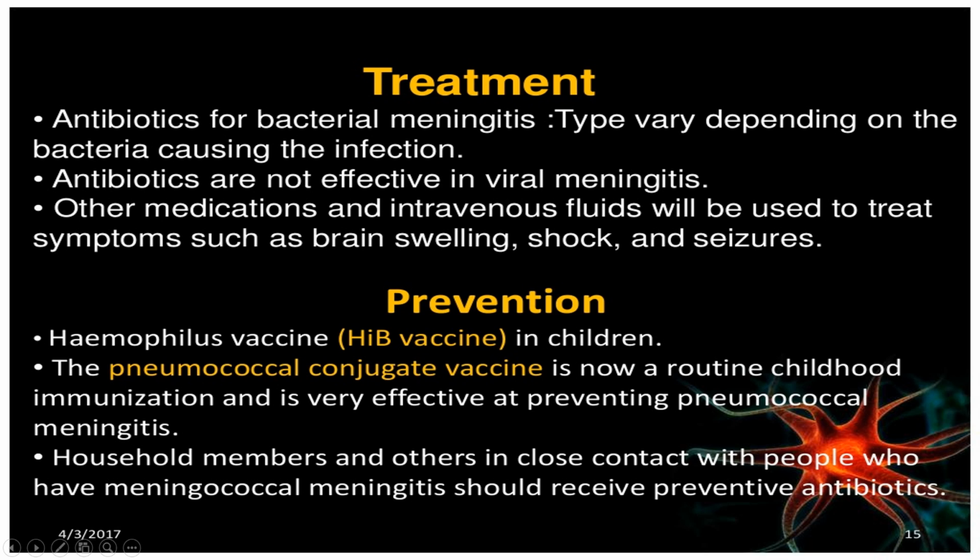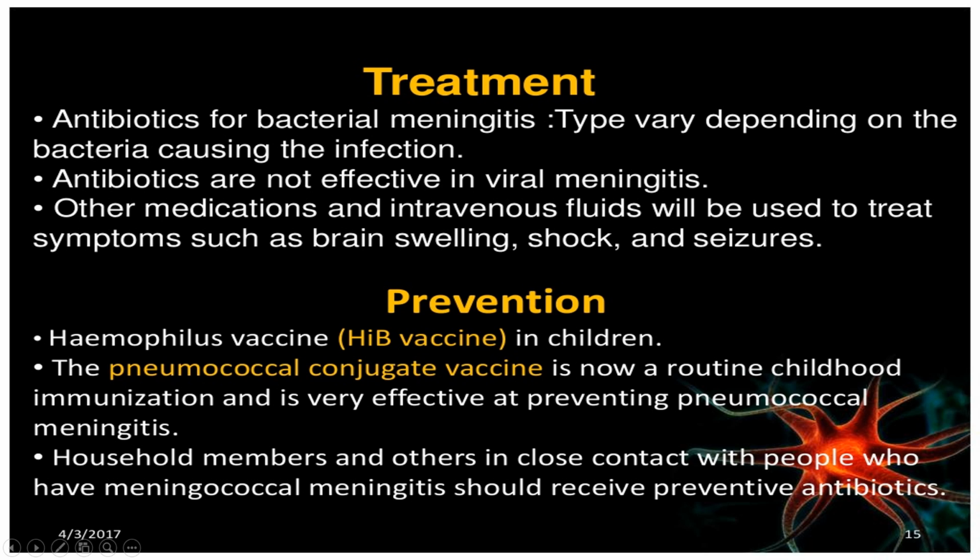So how can you prevent meningitis? So now there's a vaccine for meningitis, the hemophilus vaccine, that is given to children to help prevent meningitis. And then the pneumococcal conjugate vaccine is also administered in childhood to prevent pneumococcal meningitis.